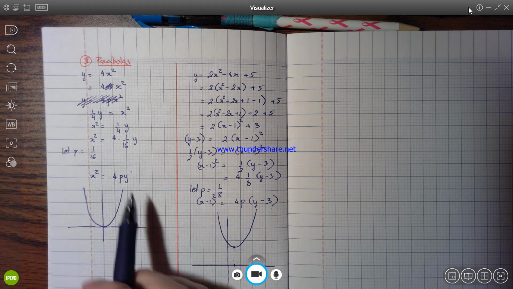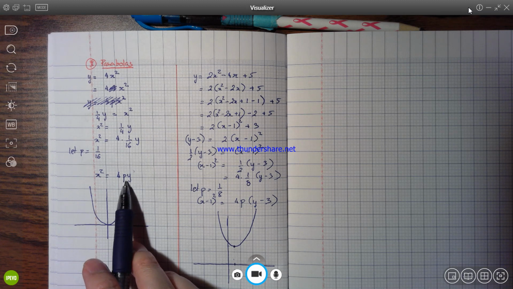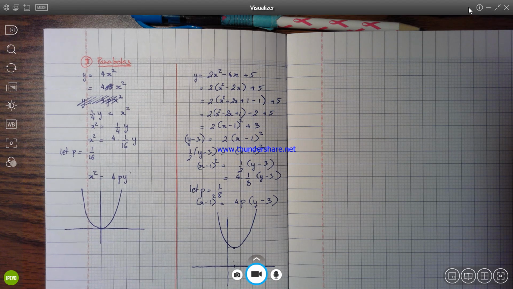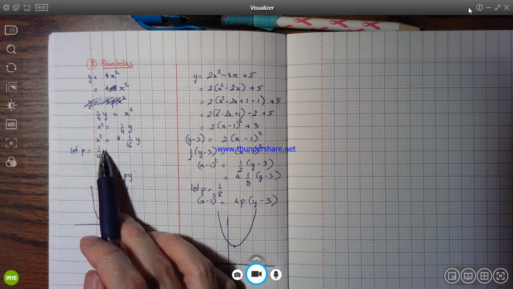Okay. Then what is the p-value graphically? The p-value over here is 1 over 16.